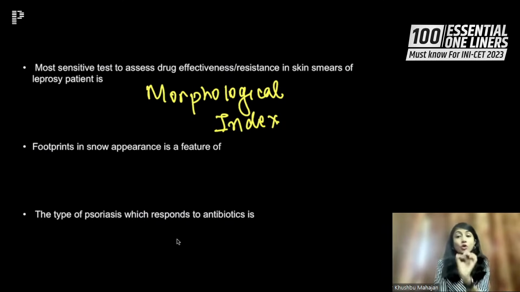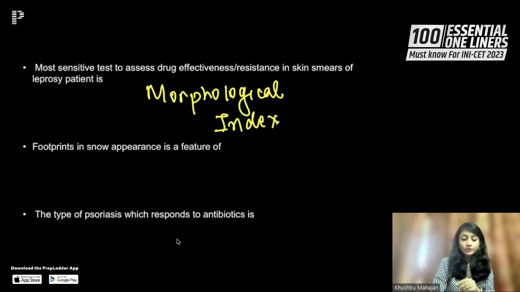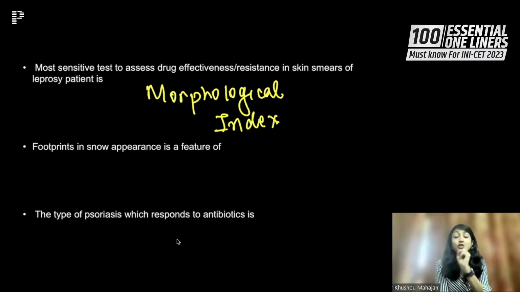Drug effectiveness or resistance can be made out by doing a morphological index on slit skin smears of leprosy patient. All right. I hope it's clear to you. Morphological index would be the correct answer, where you actually count the number of solid staining elements, which are the live bacilli on a slit skin smear.